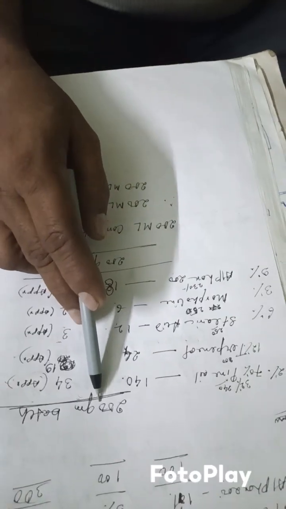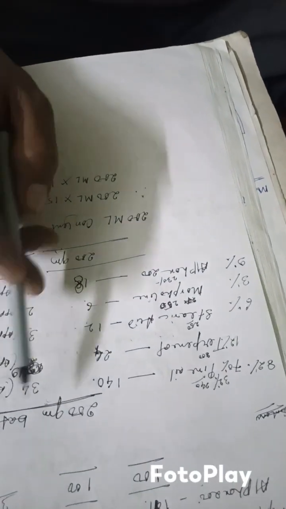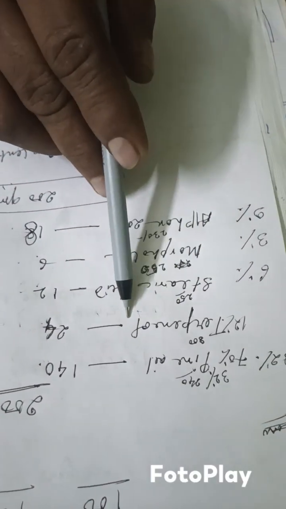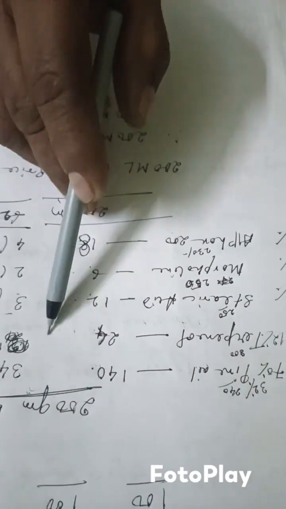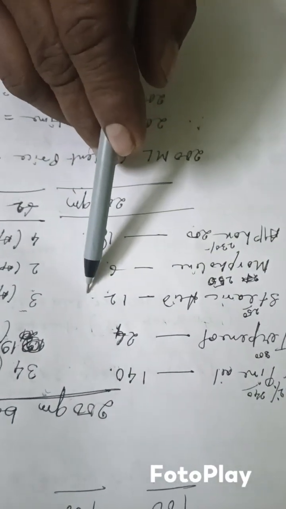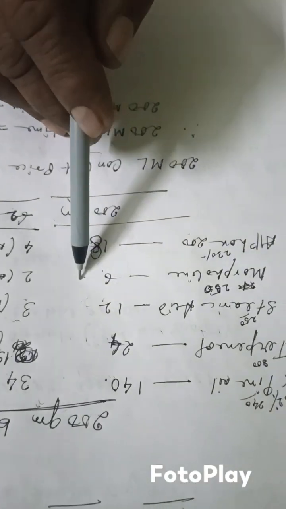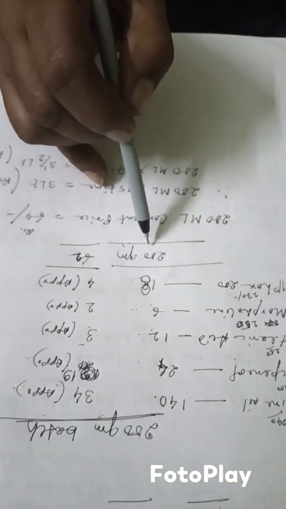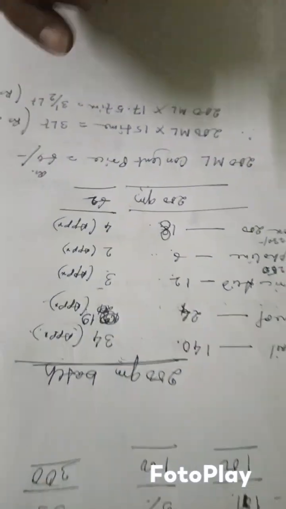I have made a 200 gram batch. Pine oil 140 gram, terpineol 24 gram, stearic acid 12 gram, morpholine 6 gram, Alphox 200 18 gram, total 200 gram.